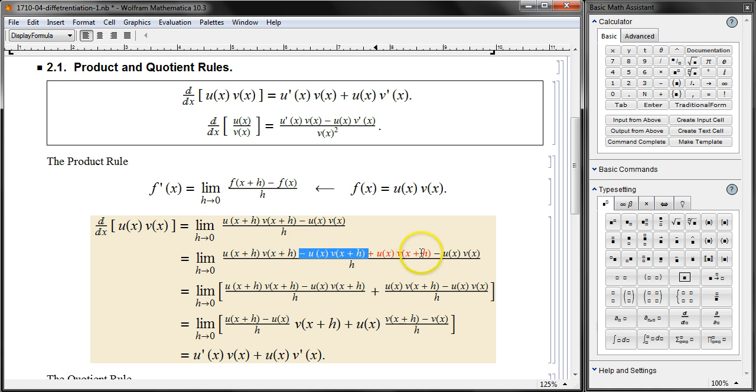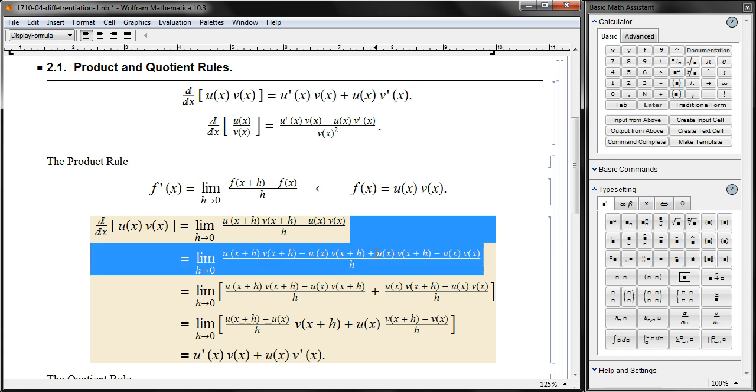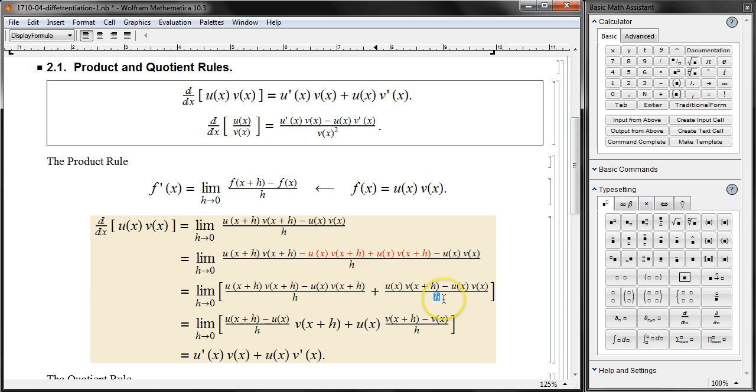The same thing is subtracted and then added. Why am I doing that? Because this allows me to take the first two terms to form one fraction and the second two terms to form the second fraction. Does it help? Yes, it does. In the first fraction like this, v of x plus h is common.